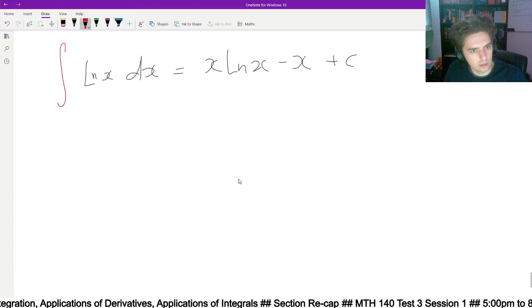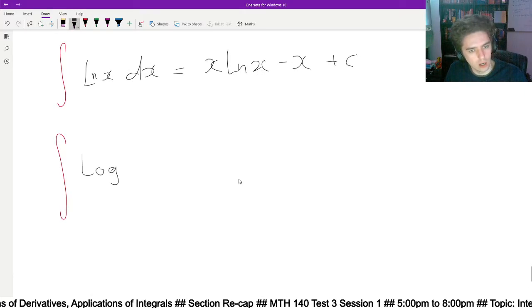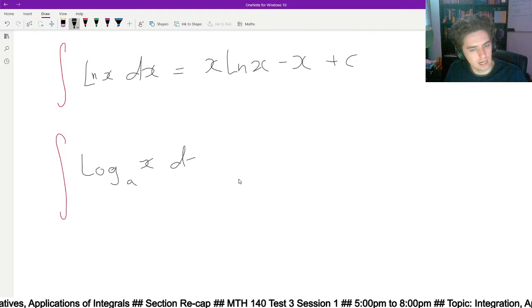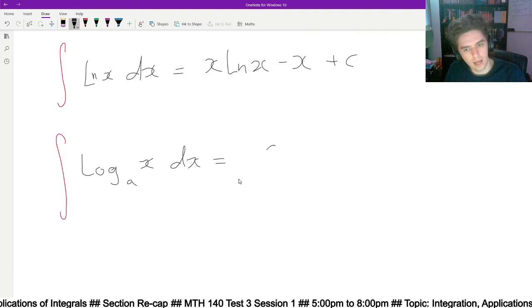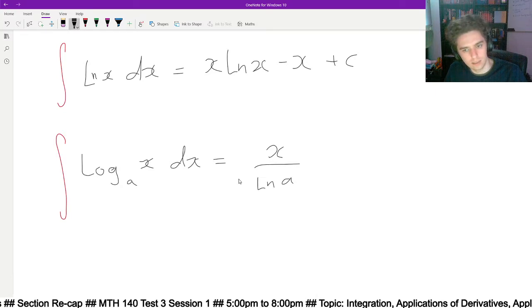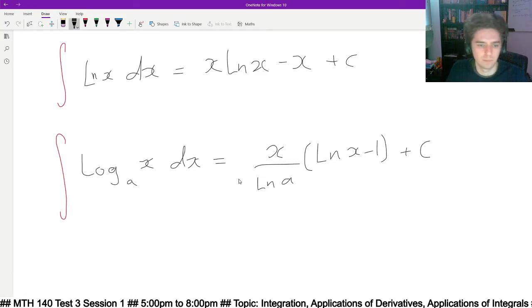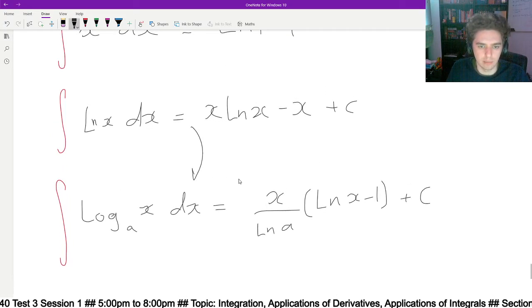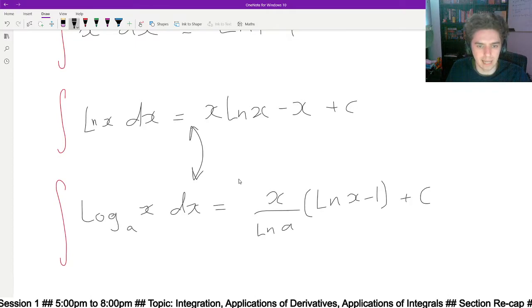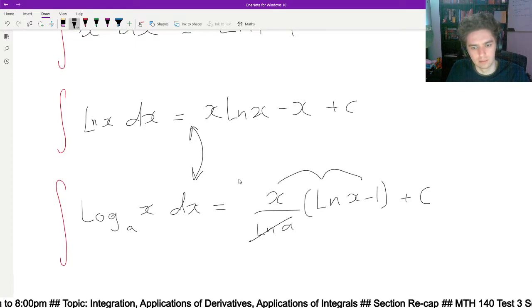The next one is the integral of log base a of x dx, which is equal to x over ln a times ln x minus 1 plus c. These are the same things. Just keep in mind that a is e, so then this cancels and that multiplies in.